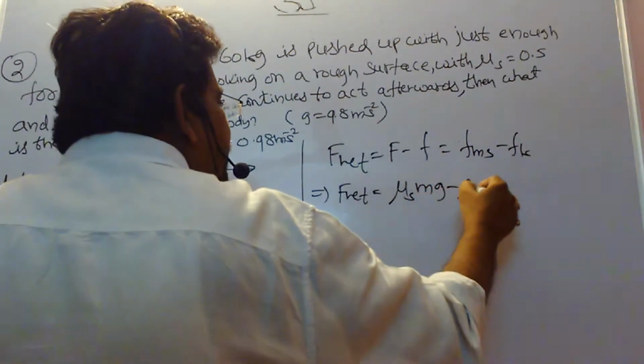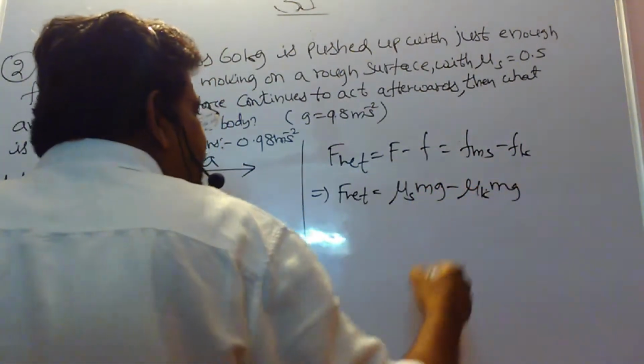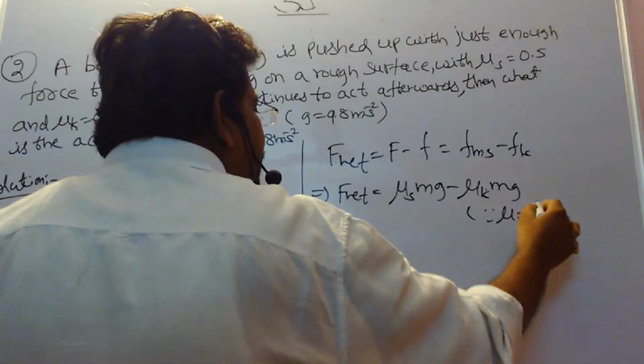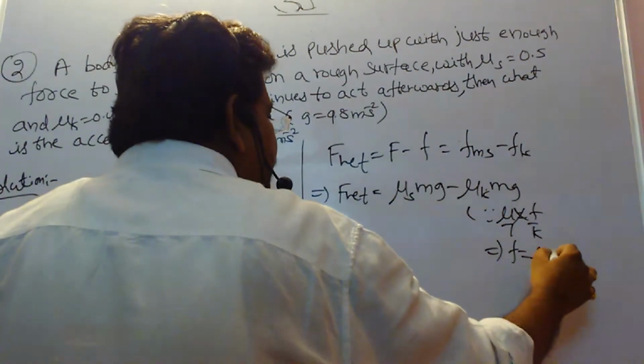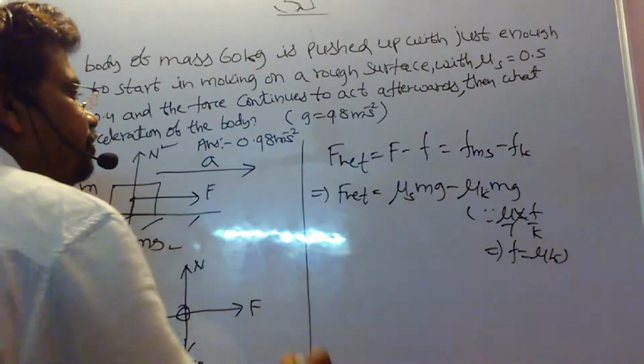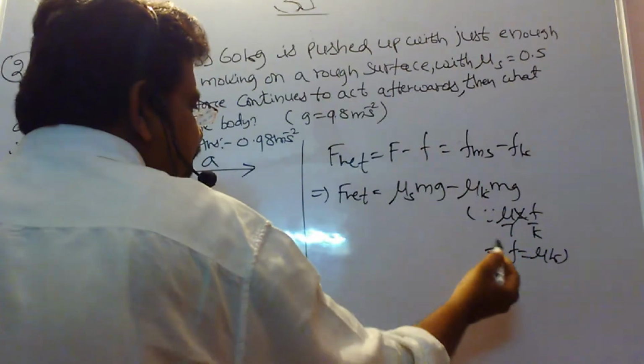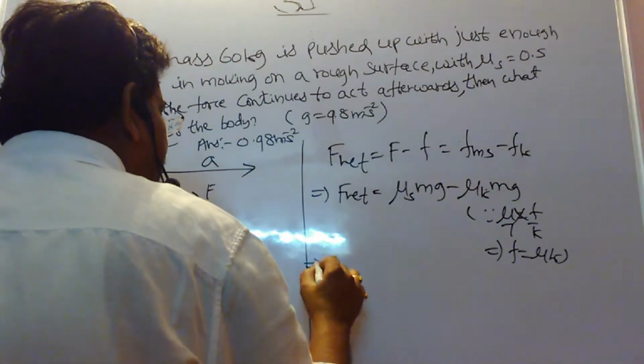Again Fk equals mu k into normal reaction, again mg. Since mu equals F by N, otherwise F equals mu into N. This is the process. If it is FMS, mu s; if it is Fk, mu k. That's all.